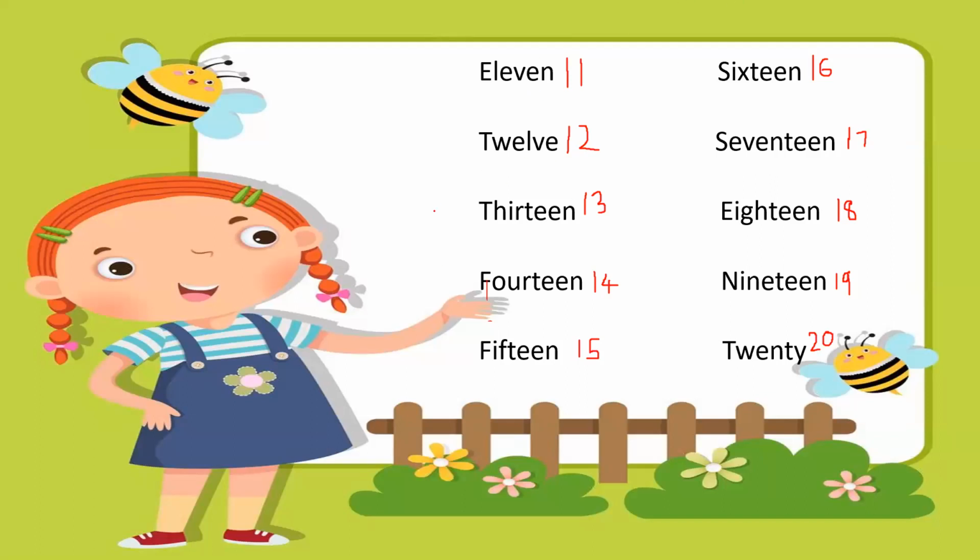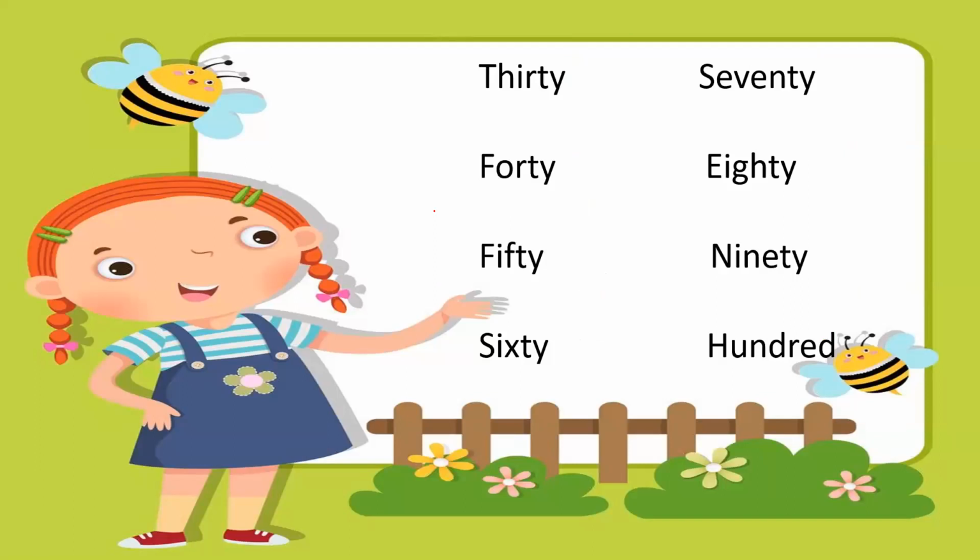Next number, see. Here I have written the main number names: 30, 40, 50, 60, 70, 80, 90, 100. So I'll tell you the easy way. From 1 to 20 you have to learn. After that you will learn 30, 40, 50, 60, 70, 80, 90, 100. Then you can write any number name from 1 to 100.